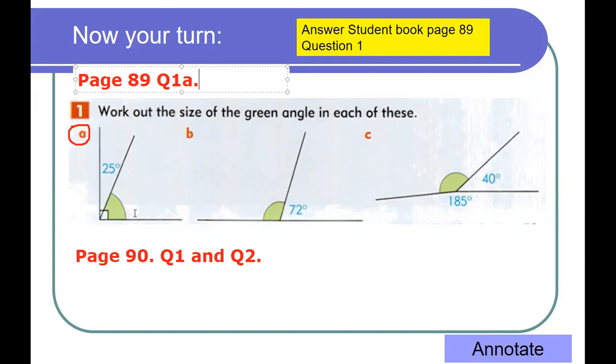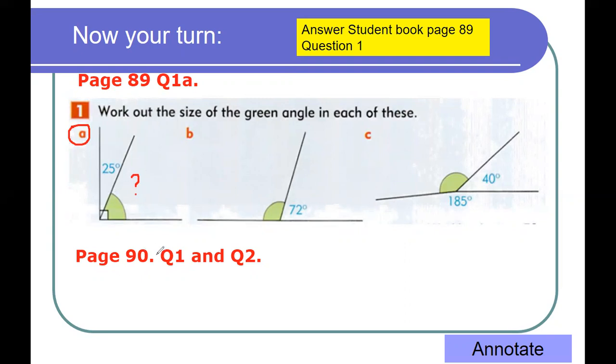So this is finding the missing angle here. What is this one? This is a right angle, so therefore it's 90 degrees. So you are going to find the missing angle here.